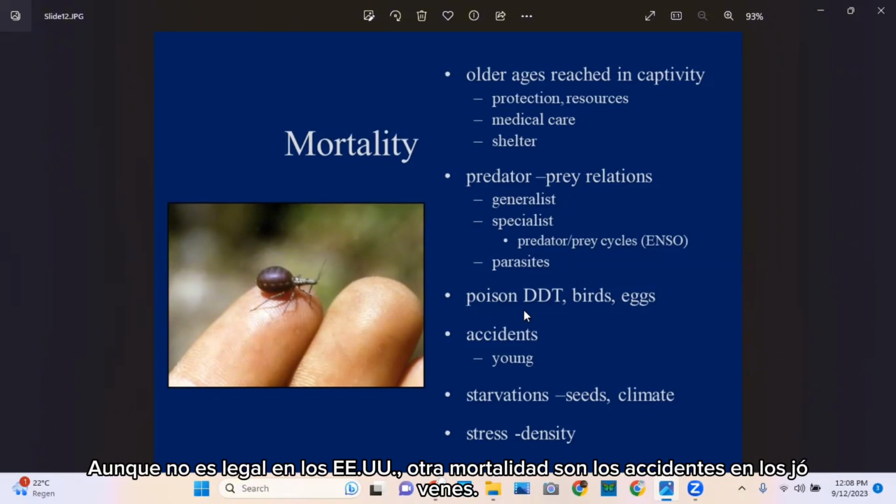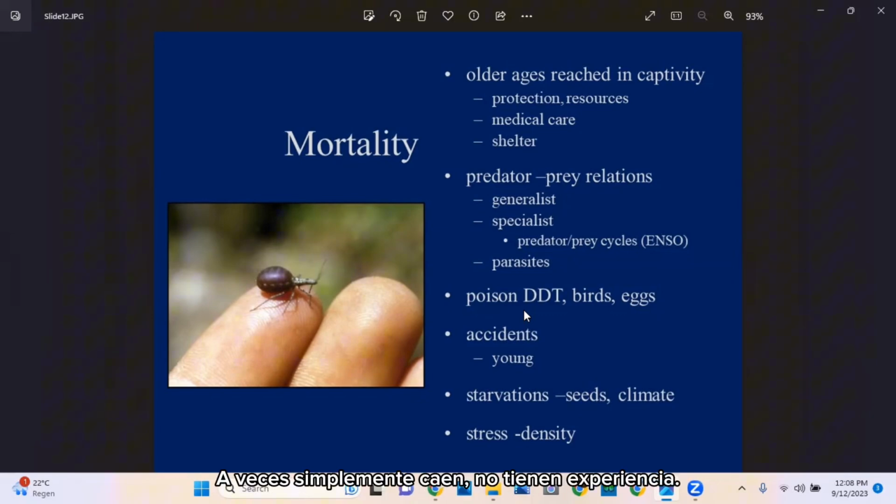Another mortality factor is accidents. The young sometimes just fall. They don't have experience. They don't know not to go to this place, not to do that. They're going through the learning process from their parents, hopefully, if they have that kind of structure where parents invest a lot of time and energy into their offspring.